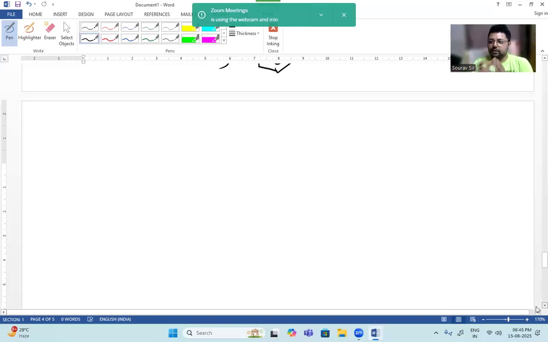Now, we will prepare both haloalkanes and haloarenes from acids. Actually, from acids, what we are going to do is prepare it with the Hunsdiecker reaction.